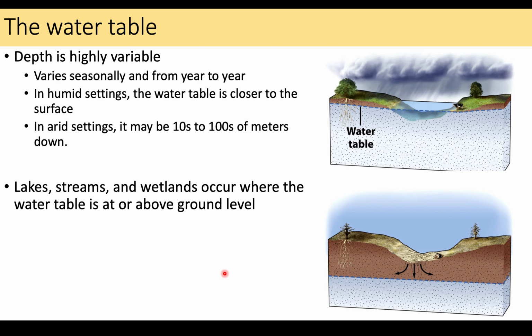So where we have lakes, streams, wetlands, that's where we have the water table above the ground level. The water table is above the height of the surface, meaning that this stream is completely filled in. When that water table sinks below, that's when we have the stream drying out.